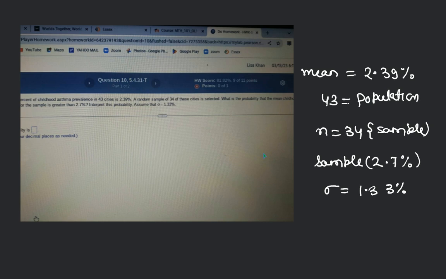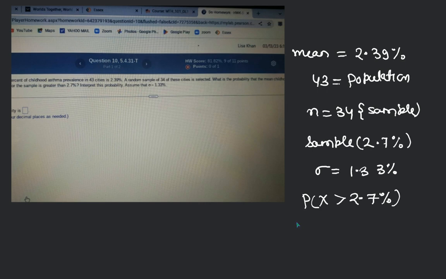We need to find the probability that the sample mean is greater than 2.7%. The standard deviation is given as 0.0133, and the mean is given to us as 0.0239.